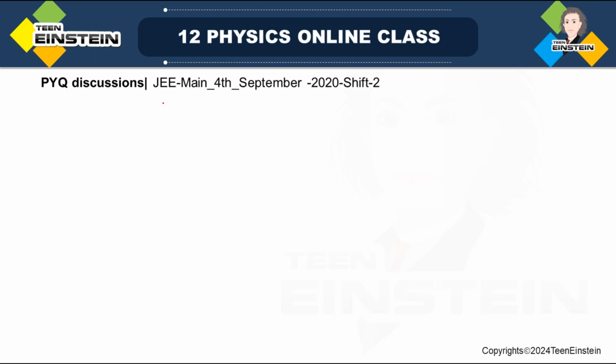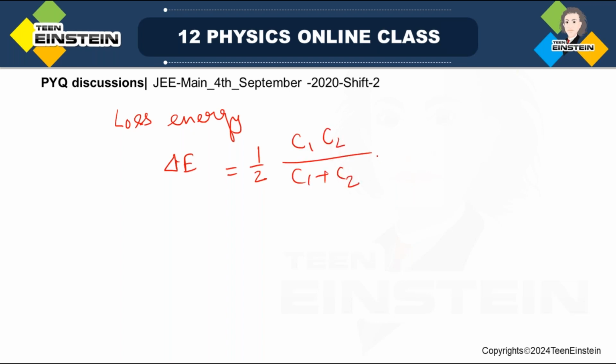So that formula is, see, the loss in energy will be delta E is equal to half C1 C2 divided by C1 plus C2 into V square.